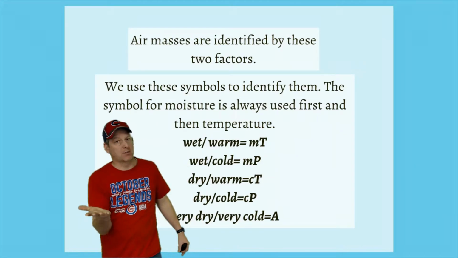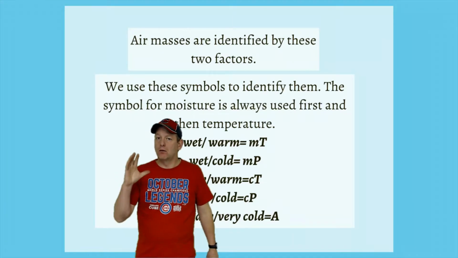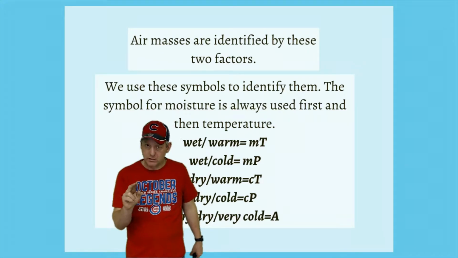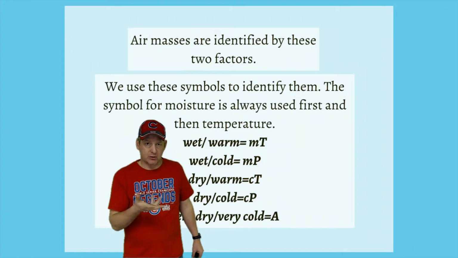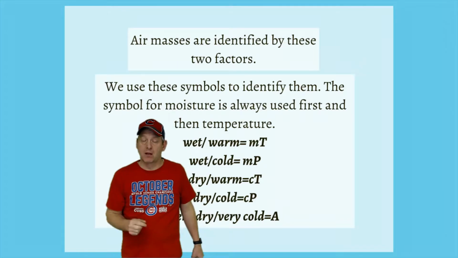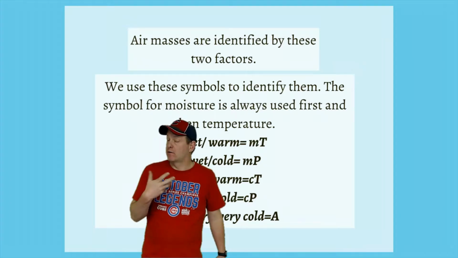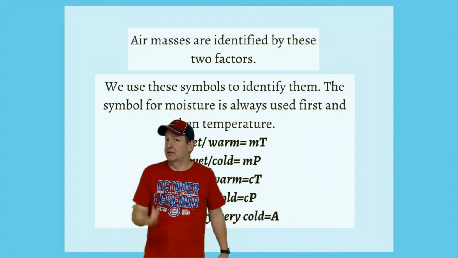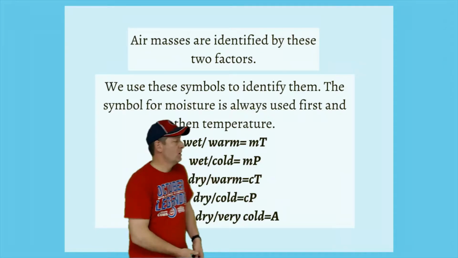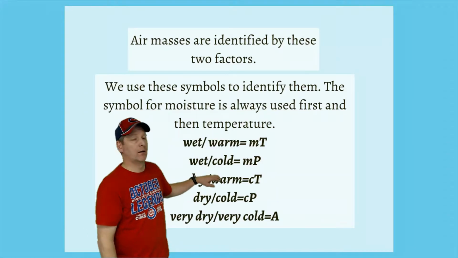Continental means that it's probably above the land, and most land is going to be warm. I think about the deserts during the day, and it's going to be dry and warm. So somewhere like this might be more like over Mexico during the summer. It could be southern Utah in the summertime, where we have dry air and it is warm.